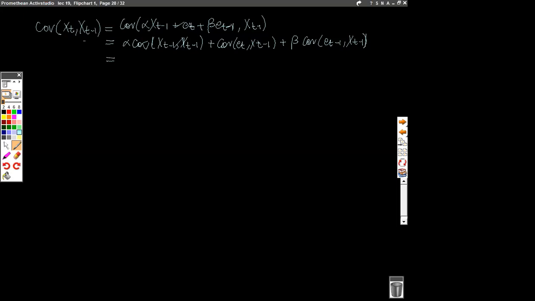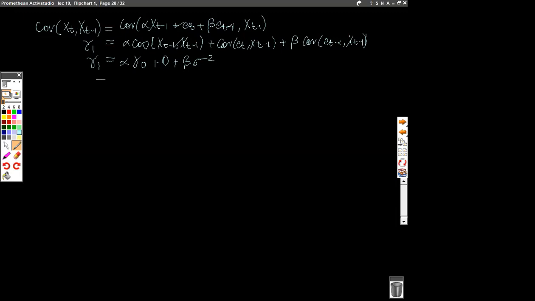Remember, this is nothing but gamma 1, and this is alpha gamma 0 plus. Now what is the answer for covariance of et comma xt minus 1? It is 0, right? And for this term, I will have beta times sigma square.